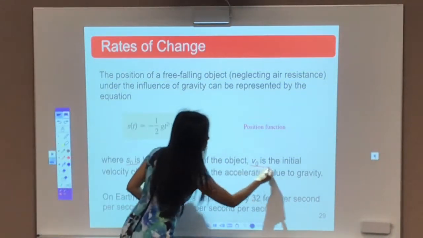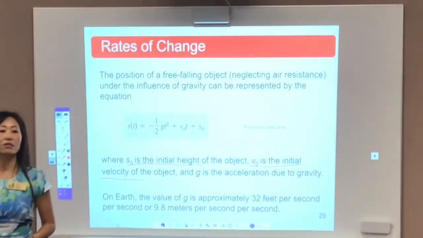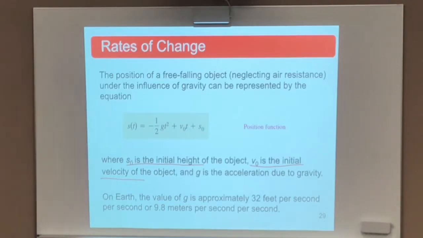And what is this one? The initial velocity of the object. So usually they provide you that. Look at your homework problem, they tell you what your initial velocity is and what your initial height is. So it's given to you.